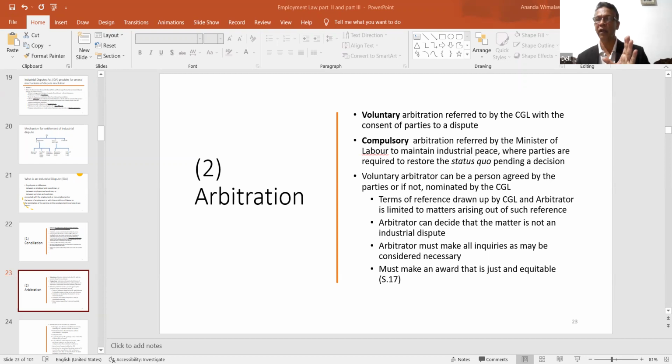But if parties do not agree, the commissioner cannot do it. The commissioner cannot refer that matter for arbitration, right?